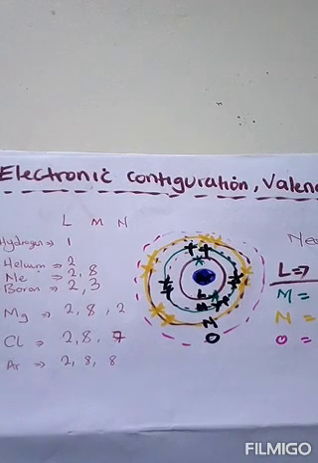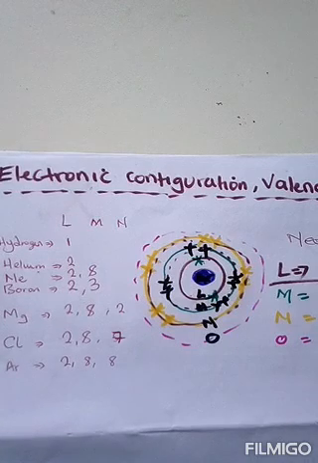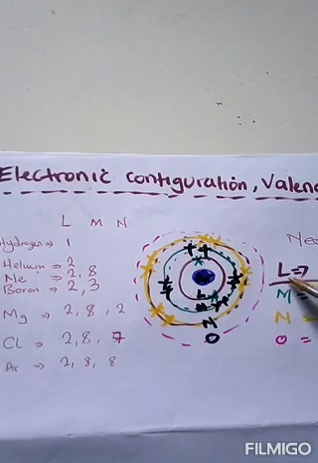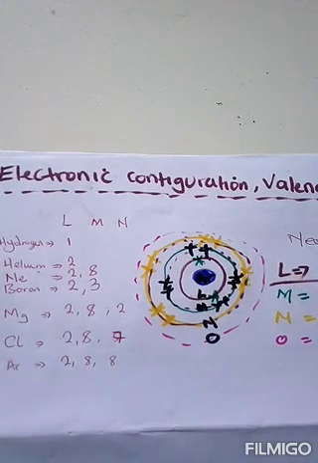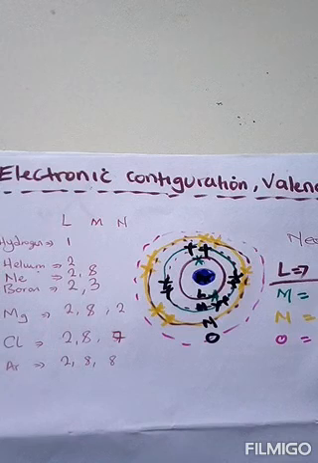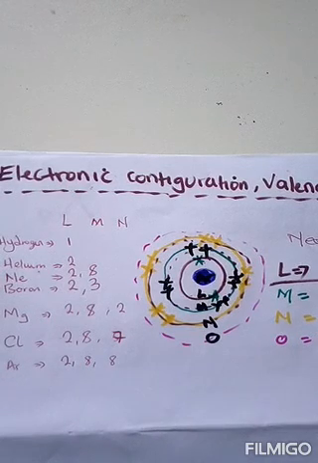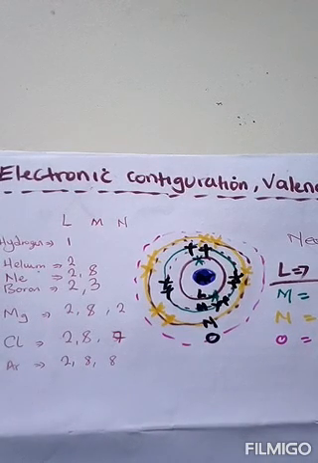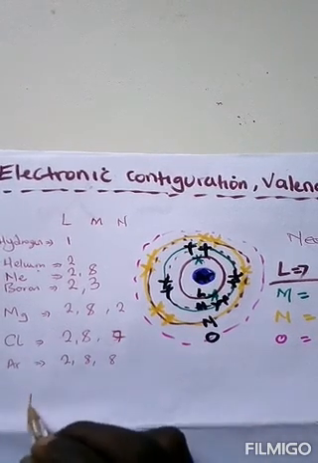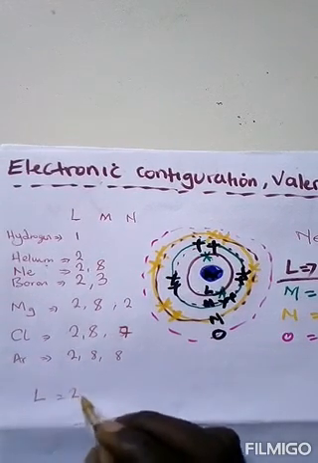What do we mean? An atom which will have 2 electrons in shell L and 8 electrons in shell M, then that atom is stable. What am I trying to say?